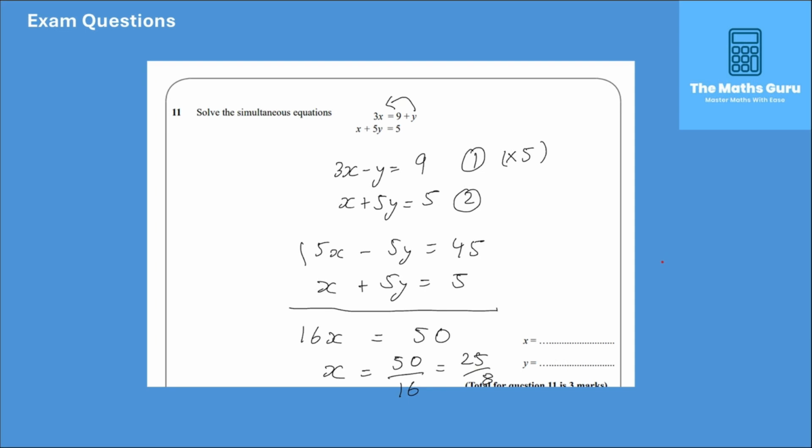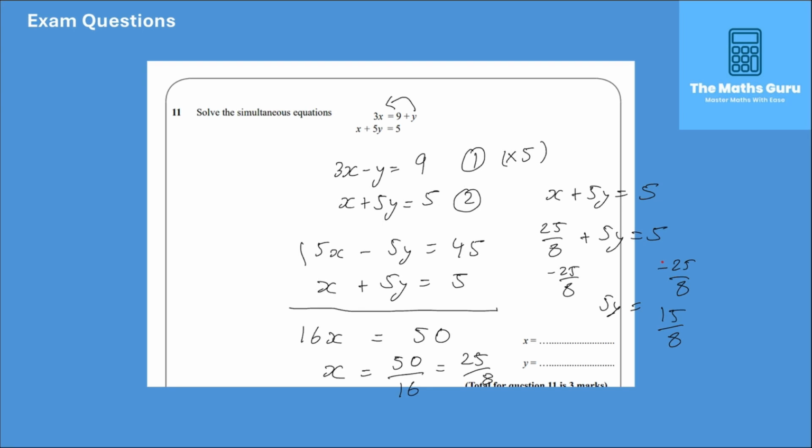Now, plugging our value into one of the equations, let's choose x plus 5y equals 5. We can then plug in 25 over 8 plus 5y equals 5, minus 25 over 8 from both sides to get 5y is equal to 5 minus 25 over 8, and that is 5y is equal to 15 over 8.